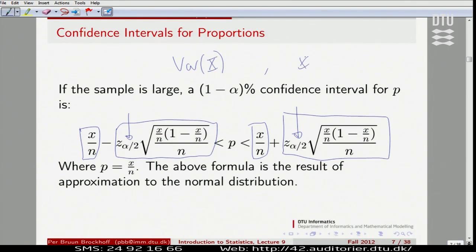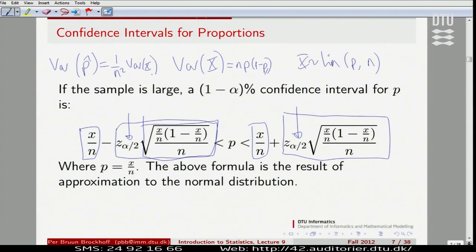Can you remember what the variance of a binomial is? Say x is binomially distributed with p and n. Well, the variance was np times 1 minus p. I showed you this many weeks ago at the beginning of the course. So look at this. The variance of p hat in a binomial is 1 over n squared times the variance of x, right?